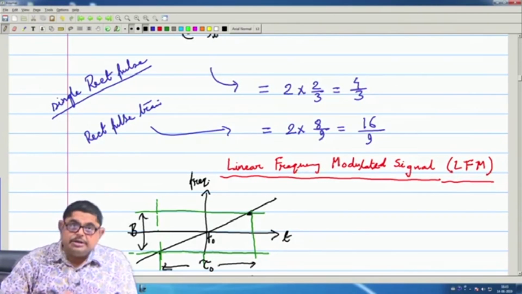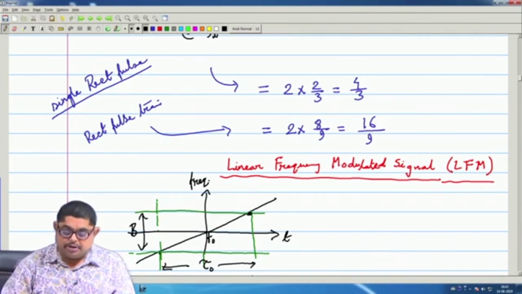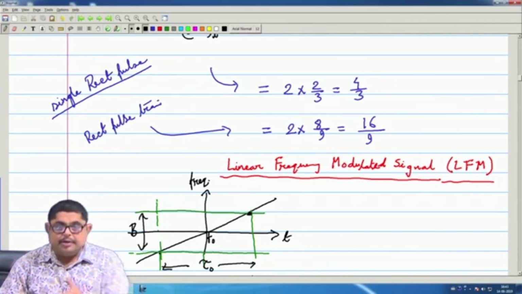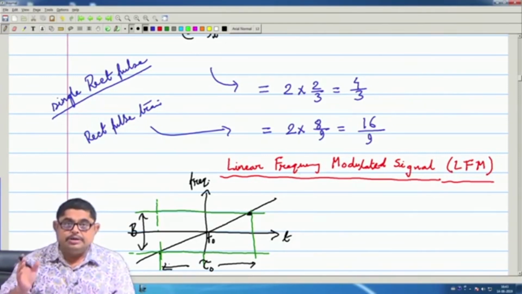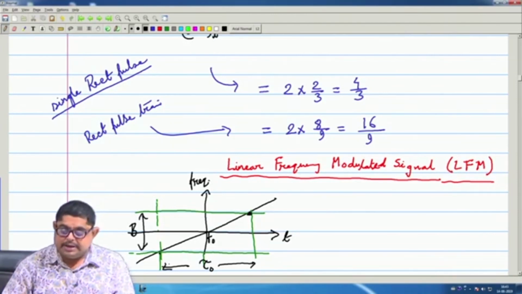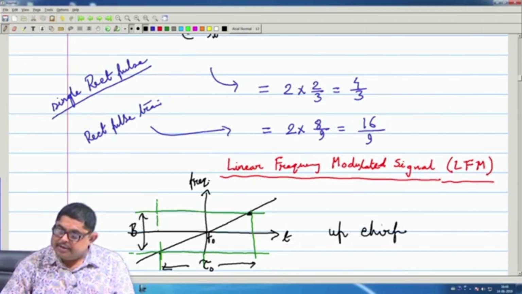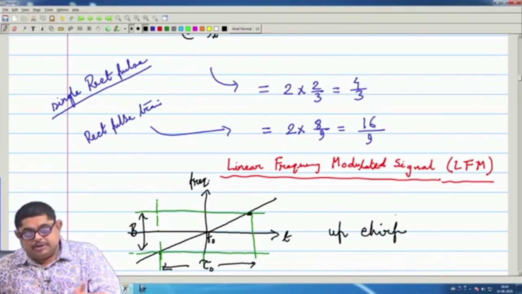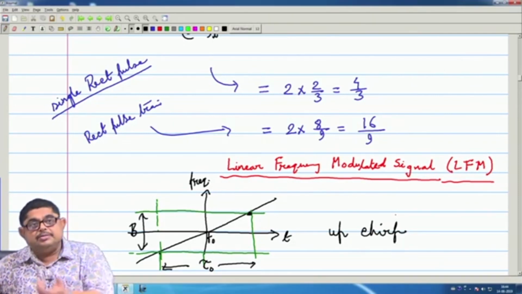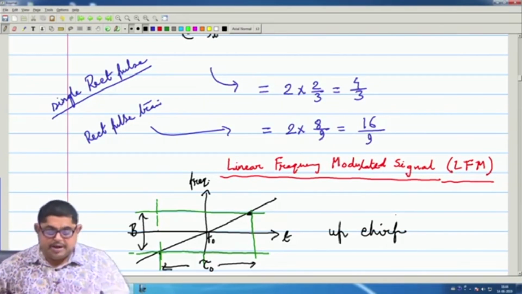So, if the frequency is swept linearly across the pulse width, and the frequency goes up as time advances, that is called up LFM, or sometimes up chirp. Chirp is the bird sound, a very musical sound. If this signal is given to a loudspeaker, it will sound like birds chirping. So, this is the up chirp.